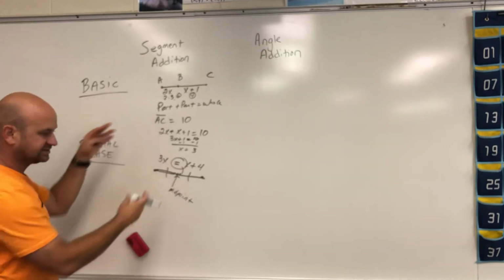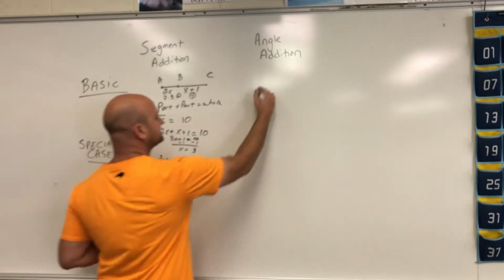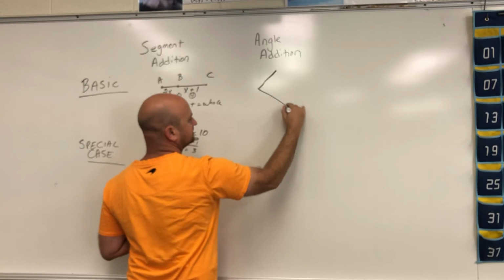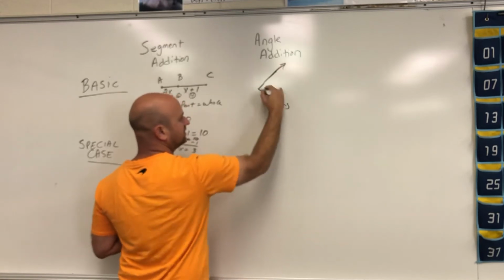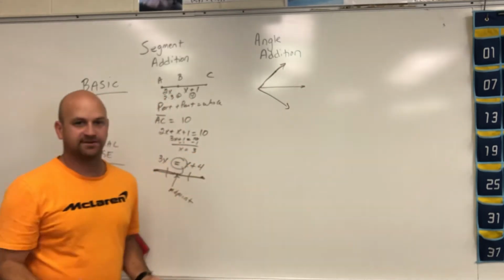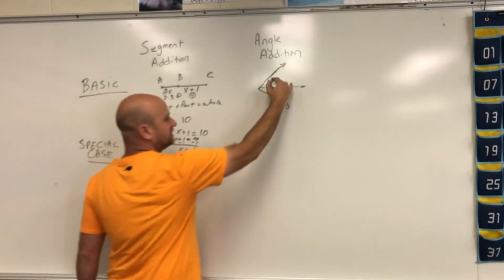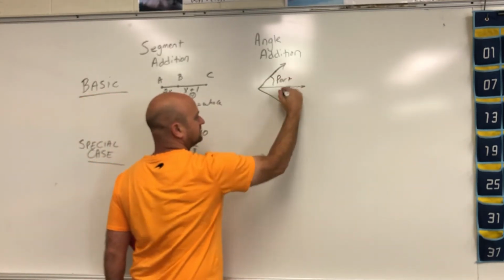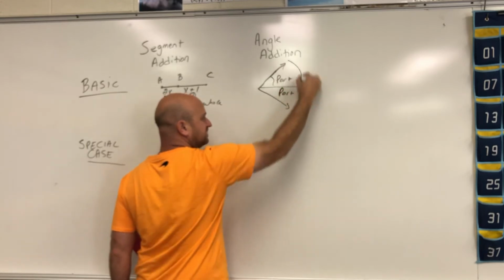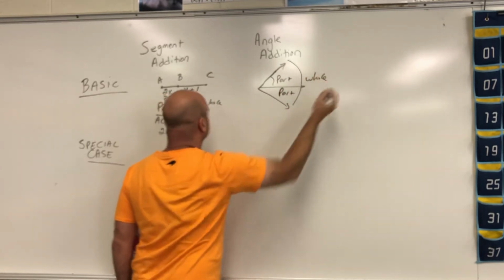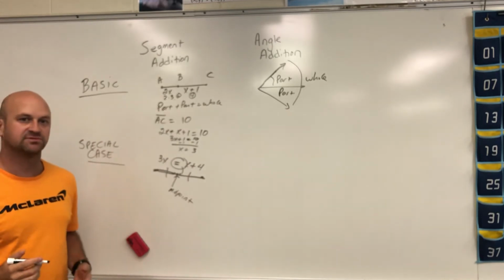Now, the same concept applies to angles. In angle addition, typically you have an angle that's split by another ray. Without saying anything else, we know that this part and this part are going to equal the whole thing. So it's the same concept we have over here.